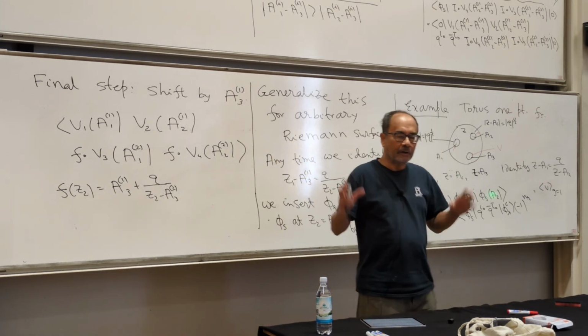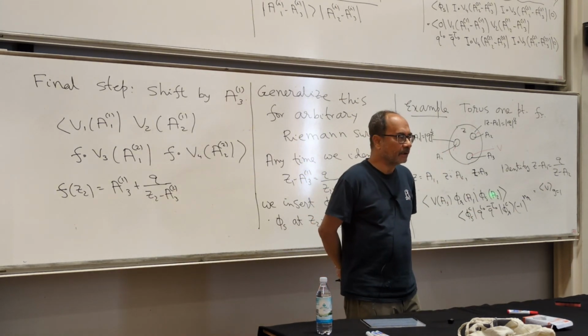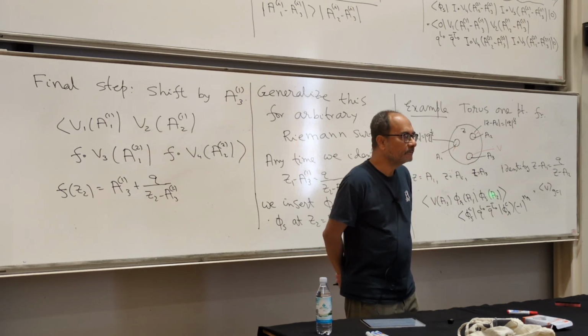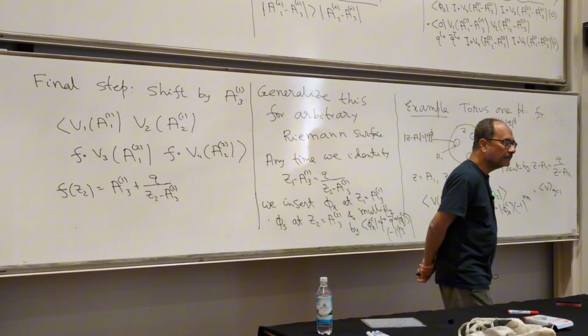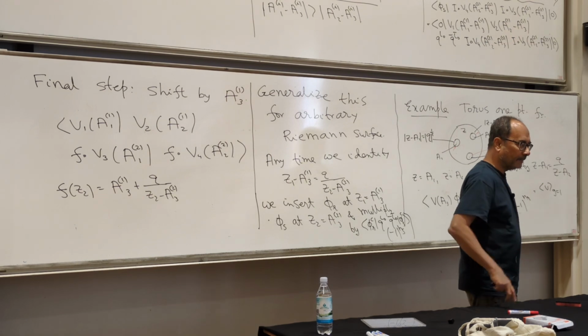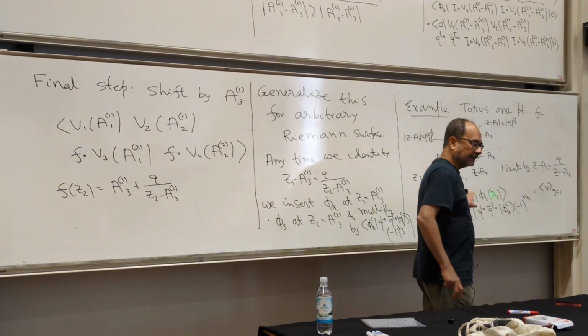So however complicated a Riemann surface you have, you can always express this as products of 3-point functions on the sphere. So, is this what you also get from string field theory? Yes, this is essentially what you get from string field theory, because in string field theory you build from Feynman diagrams, right, and you get exactly this structure.